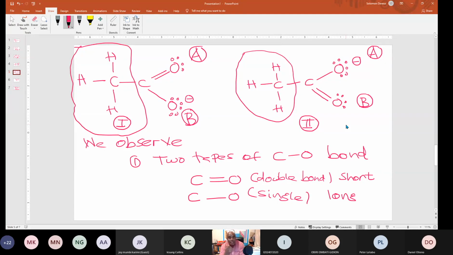The other carbon-oxygen bond is long and weak, etc. And one of the oxygens is neutral, the other one is negatively charged.